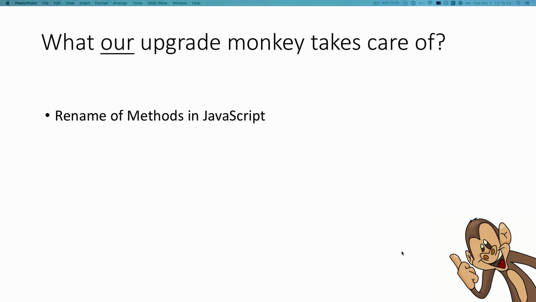Upgrade Monkey takes care of renaming of methods in JavaScript. For example, if any method gets renamed in the APIs or in the dependent libraries that we are using, then we need to handle that scenario. It is possible to handle several cases of rename method. JavaScript is a very versatile language and it offers a lot of flexibility with respect to defining functions and their names.